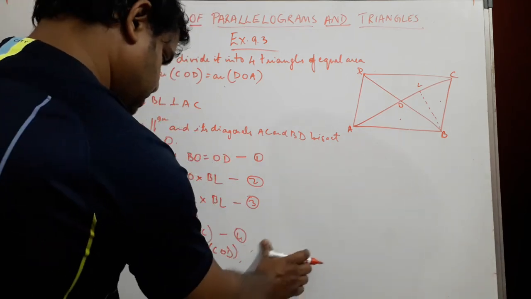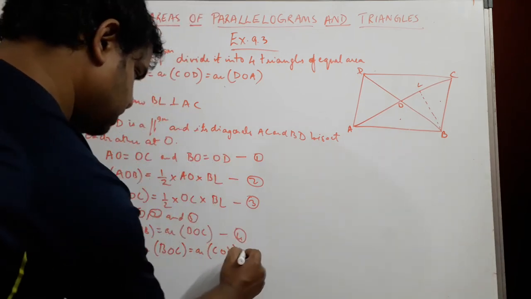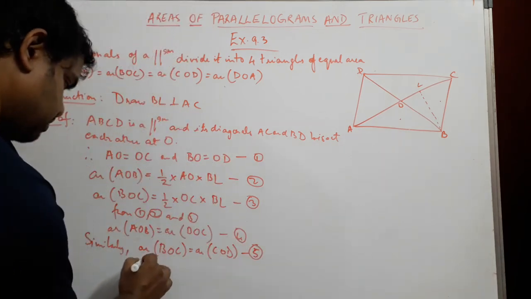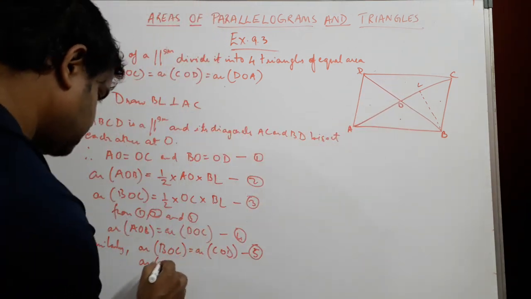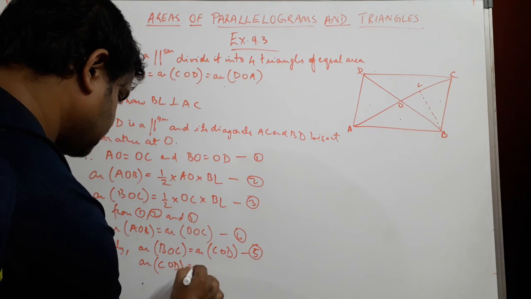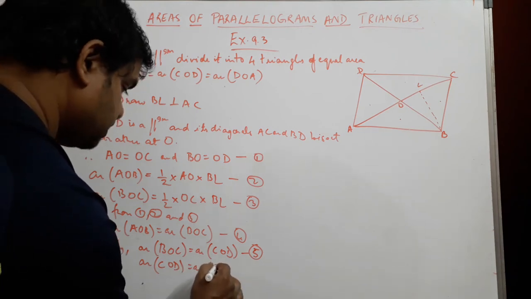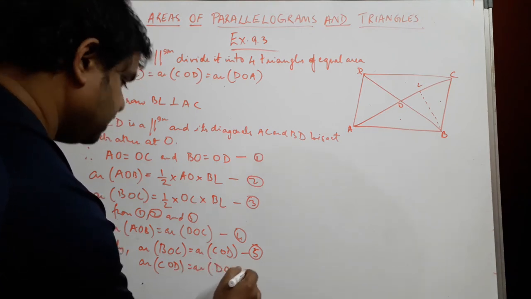Similarly we will mark this as 5, area of triangle COD is equal to area of triangle DOA.